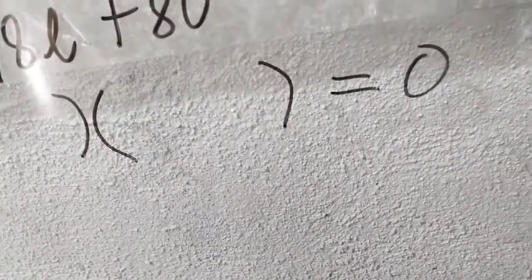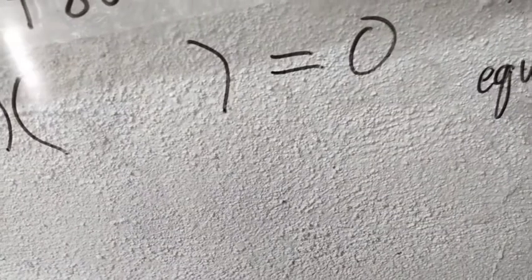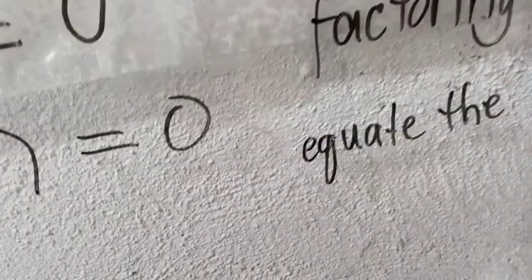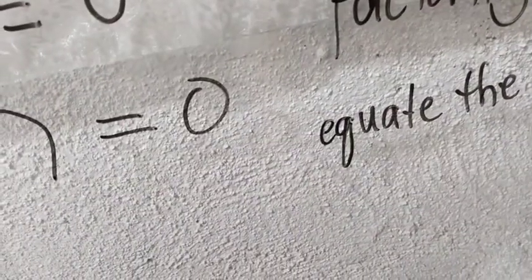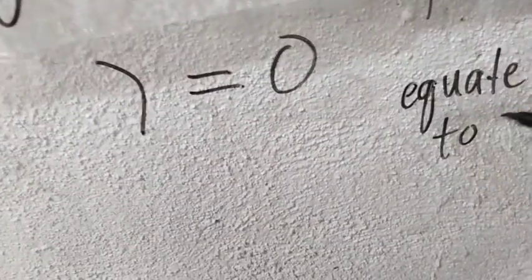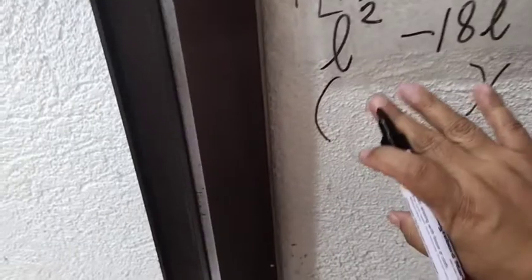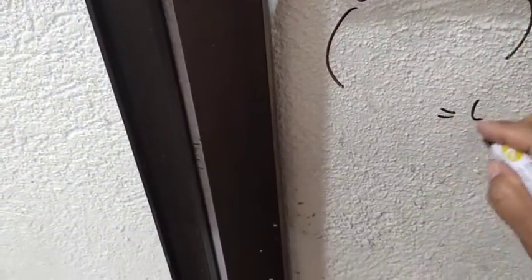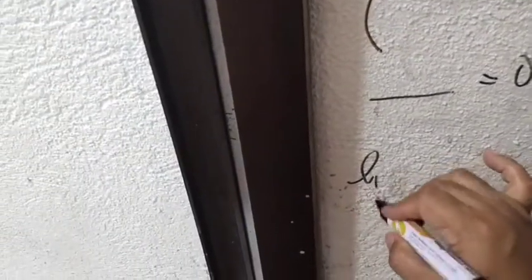So, ang sunod nating procedure ay equate the factors to 0. Kung ano man yung lumabas dito, equate natin kay 0. Both equations, for you to find the length sub 1 and length sub 2.